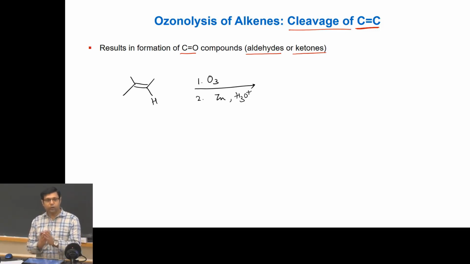And all you're going to do when you're performing ozonolysis is break the pi bond and add oxygens on either side. So you're breaking the pi bond and adding oxygens to the carbons bearing the double bond. So you get this as the product.